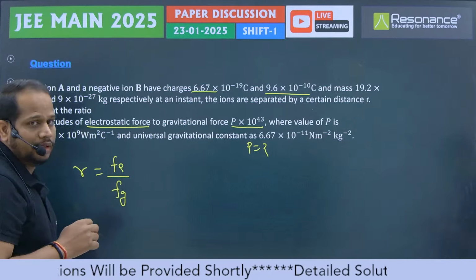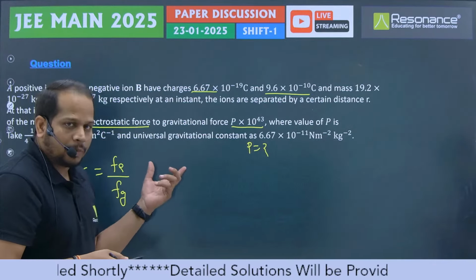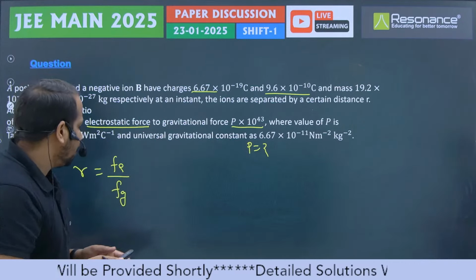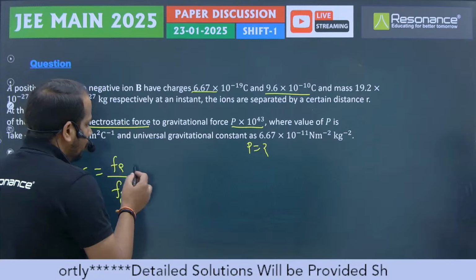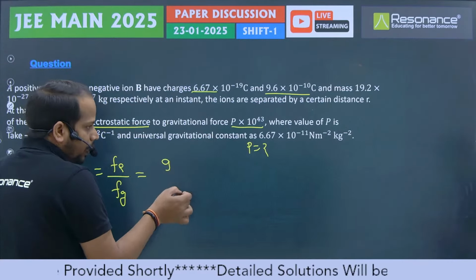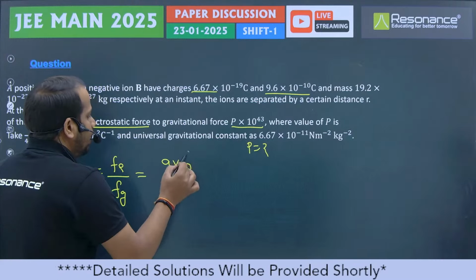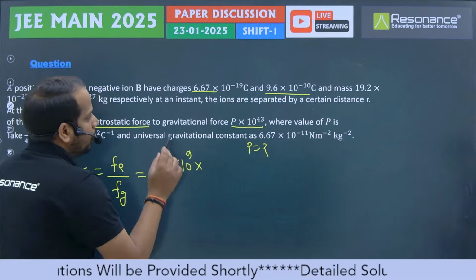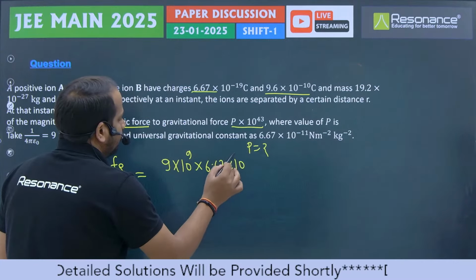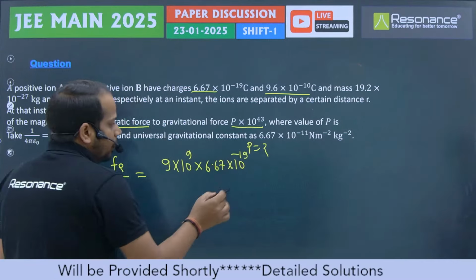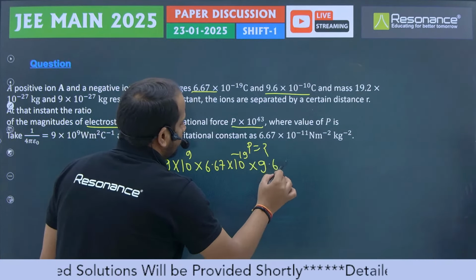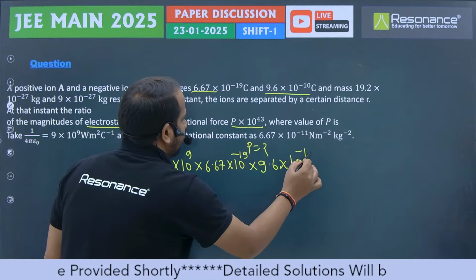Now just now we solved a similar problem, and in that one they had not given the data, but in this one they have given the data. So let's put all the data over here. The electrostatic force is K Q1 Q2 by R square, where K is 9 into 10 to the power 9, Q1 is 6.67 into 10 to the power minus 19, and Q2 is 9.6 into 10 to the power minus 10.